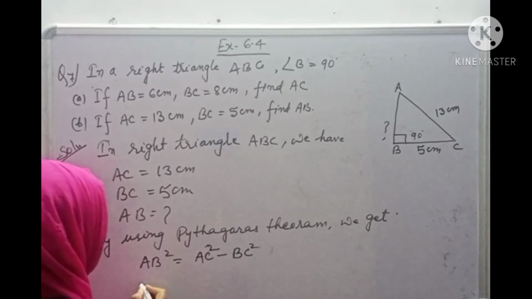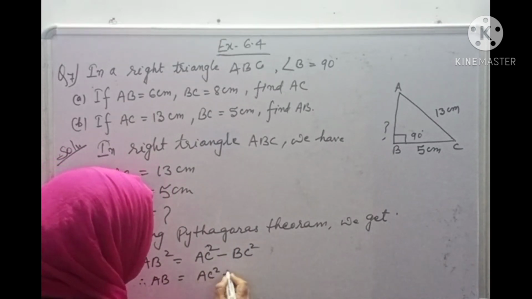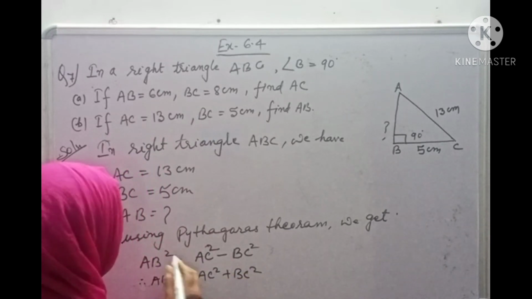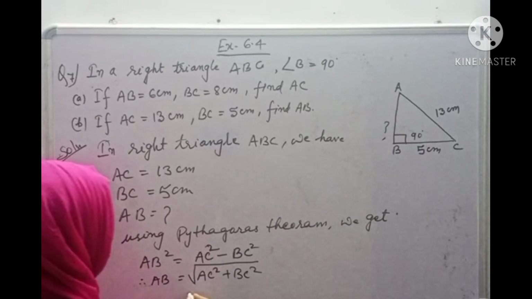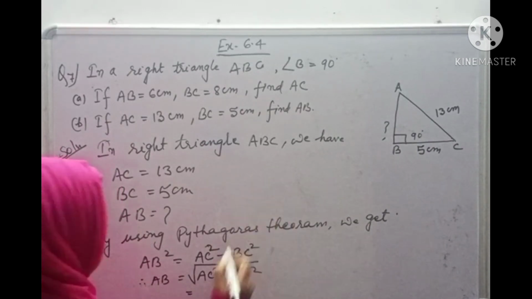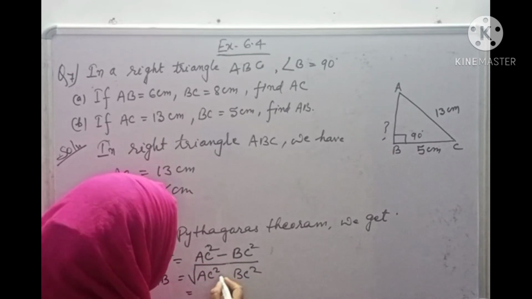Therefore AB is equal to under root AC square minus BC square.